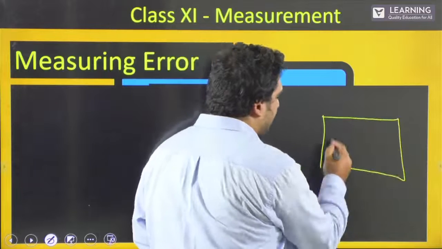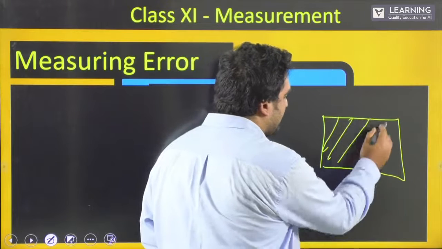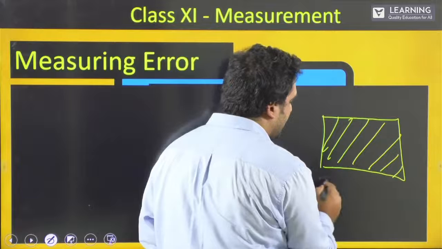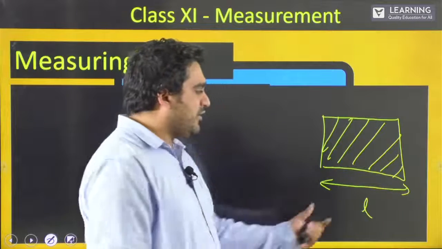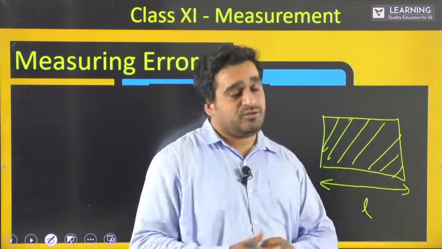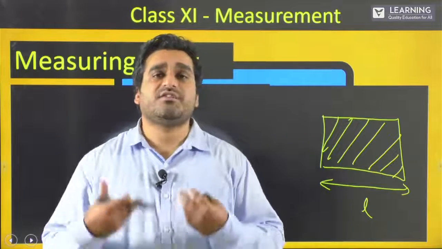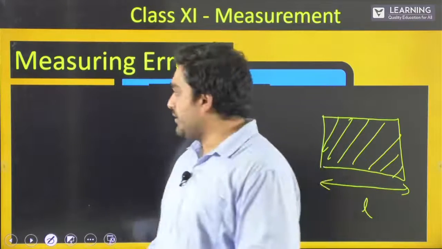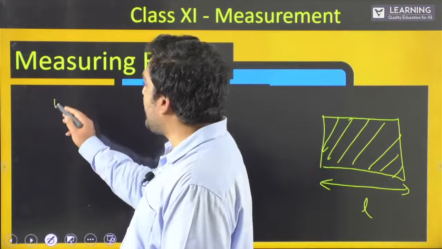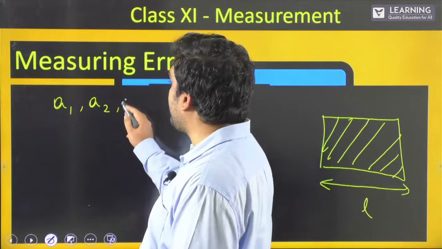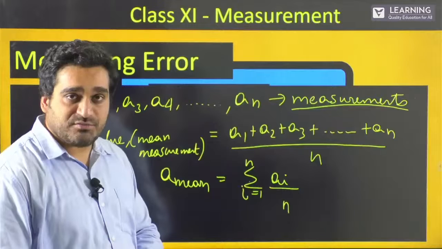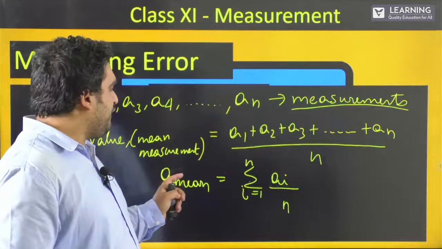And you just need to find one dimension of that box, could be the length of that box. You're trying to determine the length of the box, so you make several measurements. Let's call these measurements A1, A2, A3, and so on.